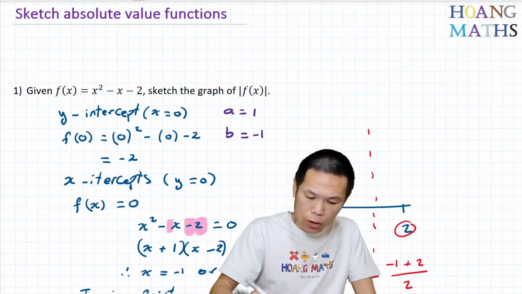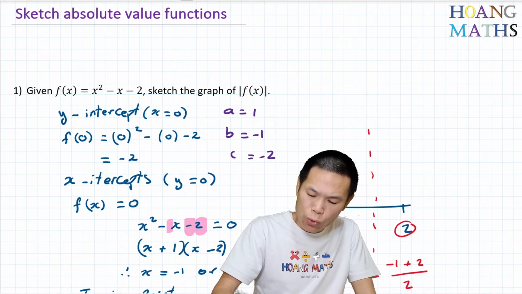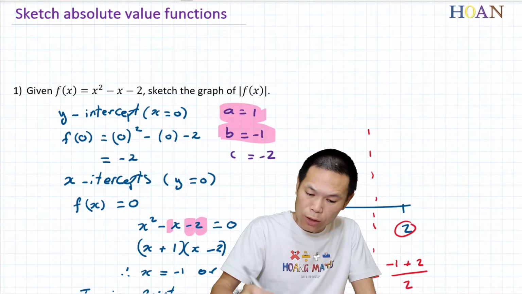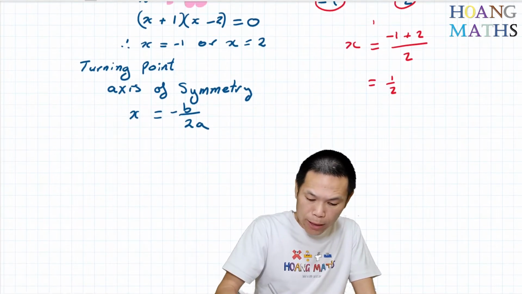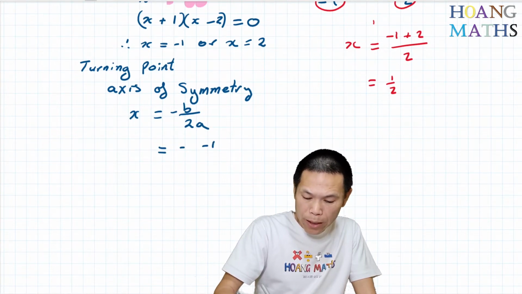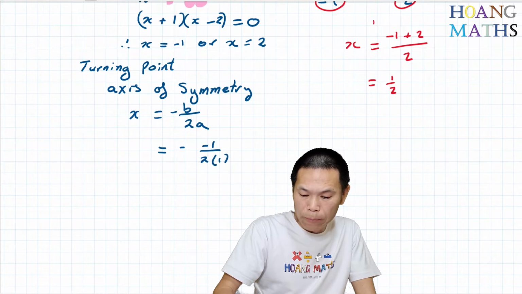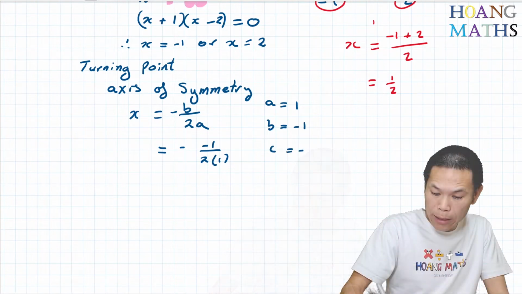And c is the constant, so c is negative 2. So negative b over 2a is equal to negative b, which is negative 1, over 2 lots of 1, because a is 1, b is negative 1, c is negative 2.